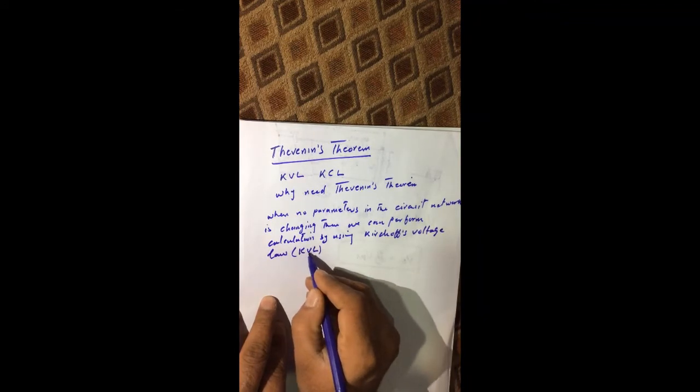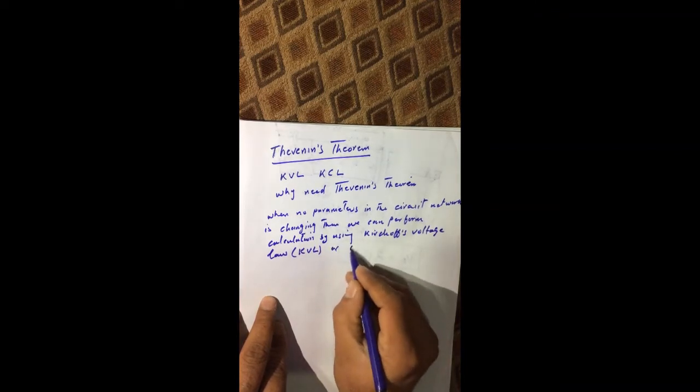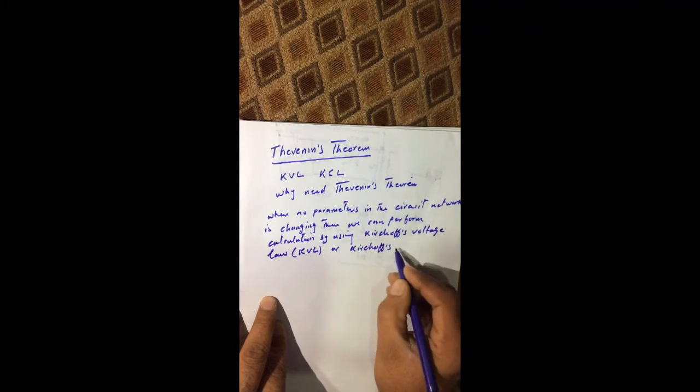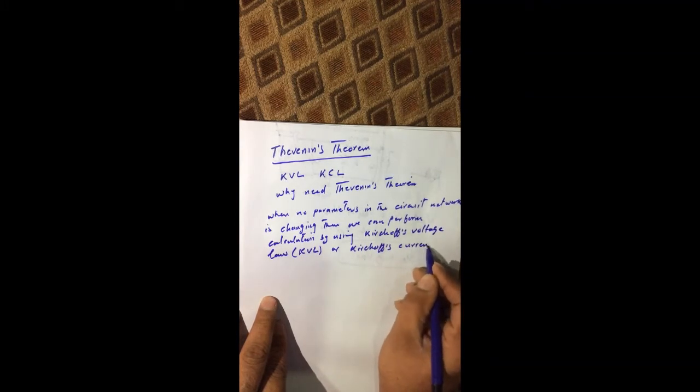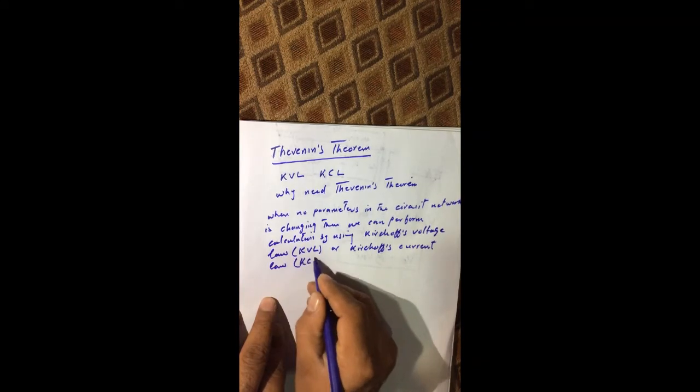K means Kirchhoff, V means voltage, and L means law, or Kirchhoff's current law, which I represent by KCL.